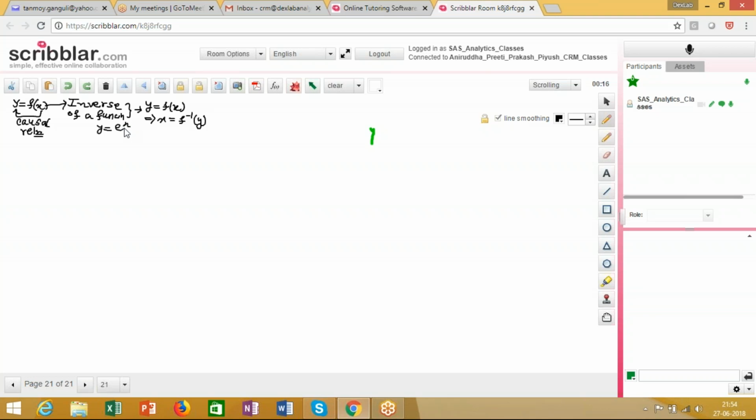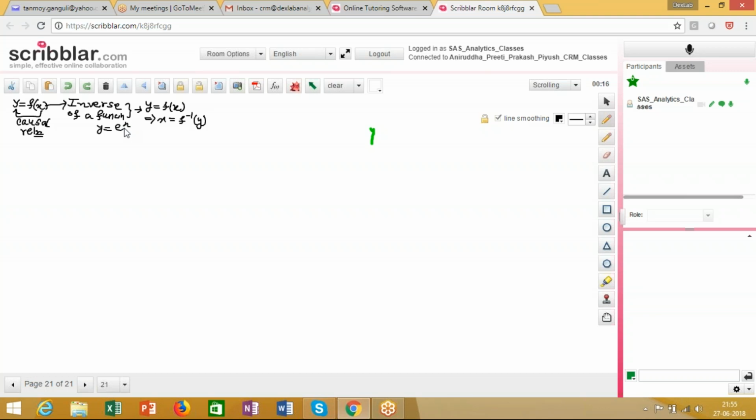If it was just the other way around, if y was made the independent variable and x was made the dependent variable, what would have been that functional form? This is the idea of inverse.